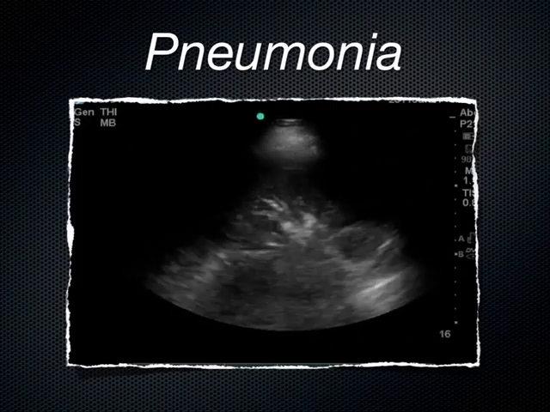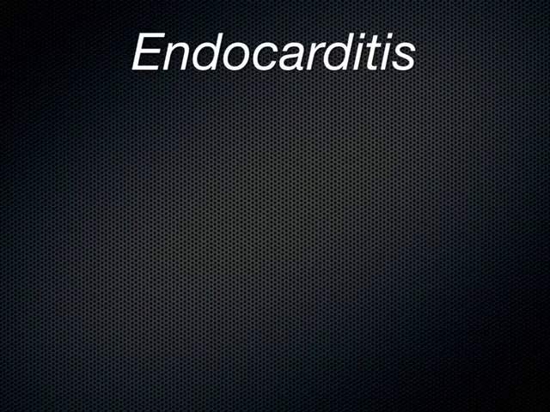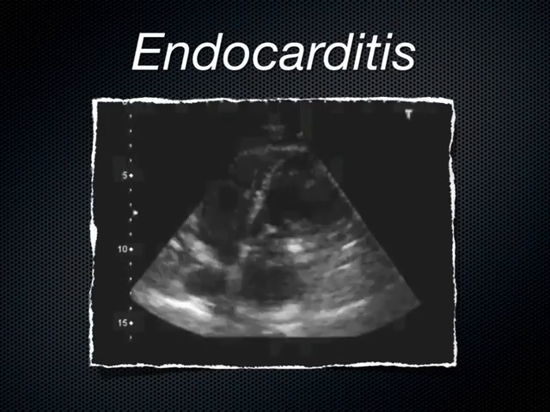Now moving on to another cause of fever in a patient could be endocarditis, where one of their valves actually gets infected. This is most commonly from using IV drugs, where bacteria gets into the blood and makes its way to the right or even left heart. Most commonly it's the tricuspid valve, but occasionally we can see it on the mitral valve.